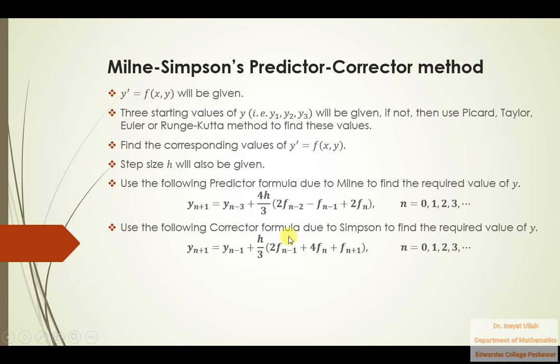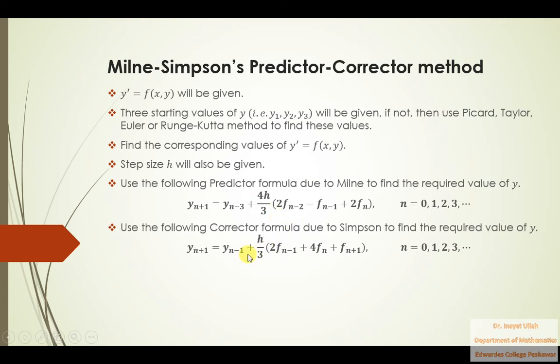So remember that this one starts from n minus 2, then adding 1 to this, n minus 2 becomes n minus 1, then n. And in this formula, that is 2 f n minus 1, increase 1 here, so that will be f n, and increase 1 more here, so that is f n plus 1. So these are the major differences between these two formulas.